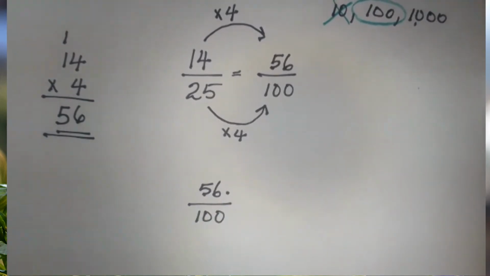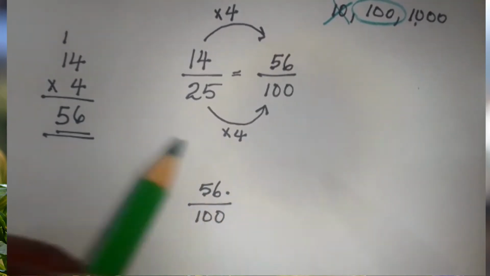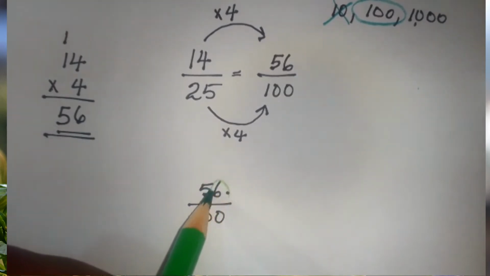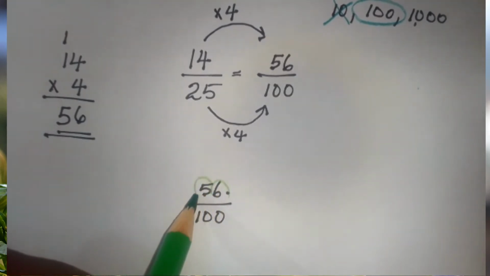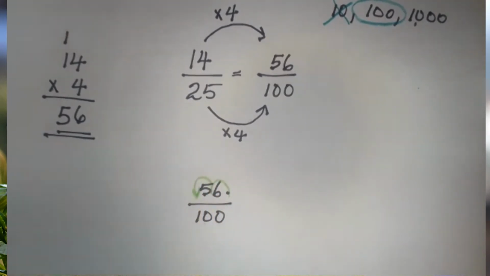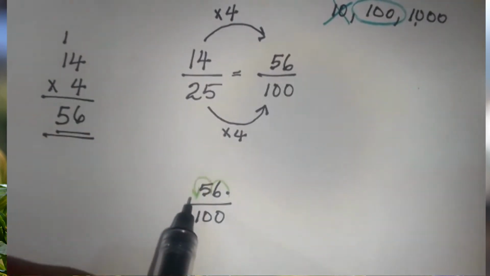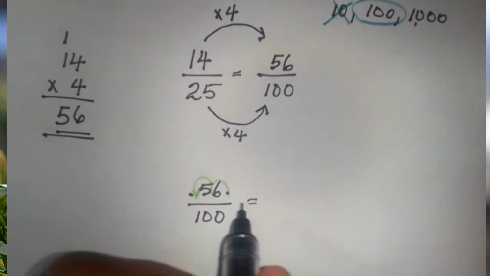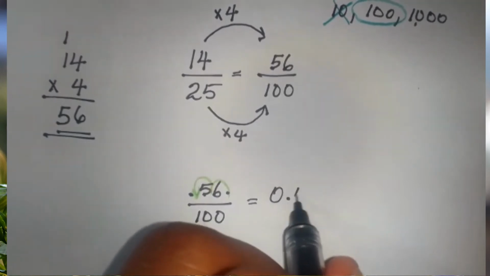Then I'm going to look down in the denominator. 100, good. But how many zeros are there? 1, 2. So I need to move this decimal point 2 places to the left. So I'm going to go 1, 2. So the new decimal point position is right in front of the 5. So this should give me 0.56.